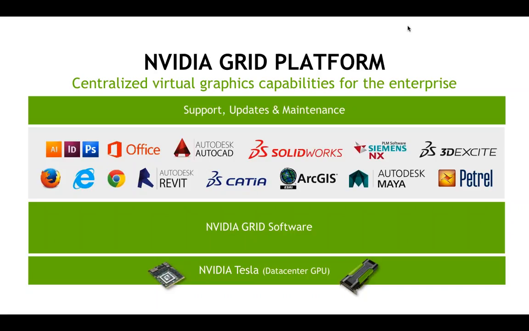We now have a piece of software that enables the virtual graphics functionality on top of that, and on top of that we also have different optimizations for different applications. I'm going to highlight one of those optimizations in a moment, as it is a significant portion of our platform as well.